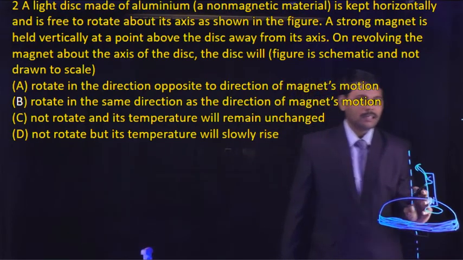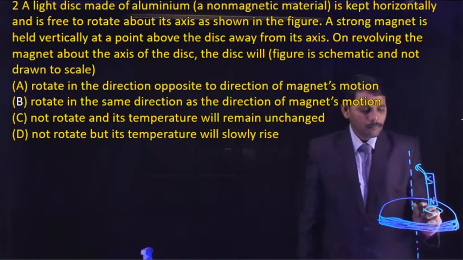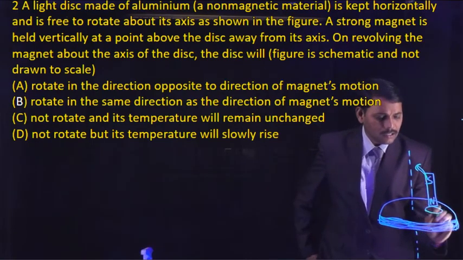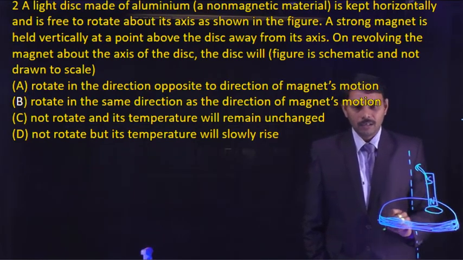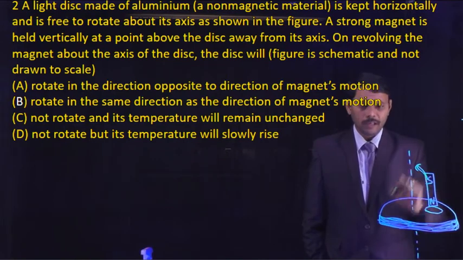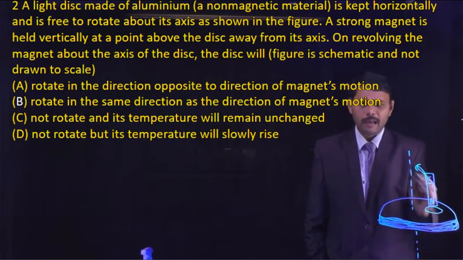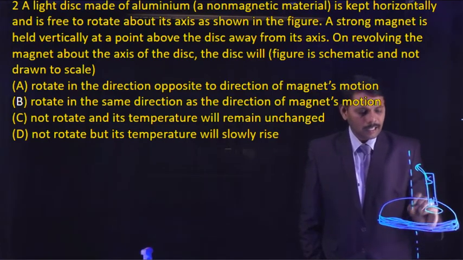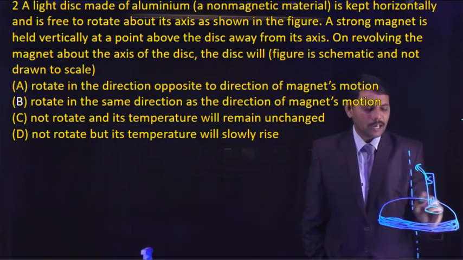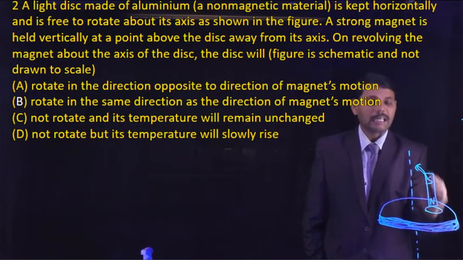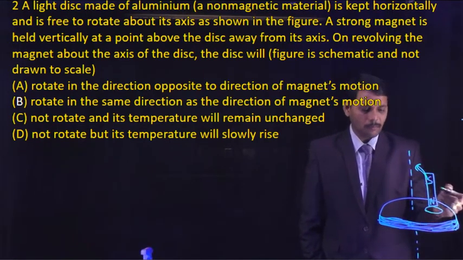As the magnetic lines of force passing through the loop decrease, induced currents start moving in this loop, opposing the decrease in flux. So this magnetic flux reduces when we move the magnet away from this position. Then induced charges develop in the loop and start rotating to oppose the decrease in flux. According to Lenz's law, this happens.